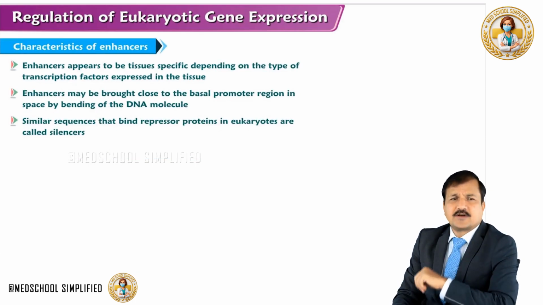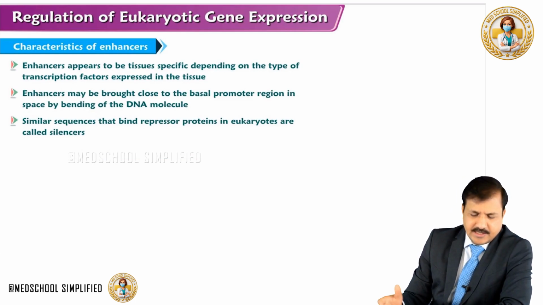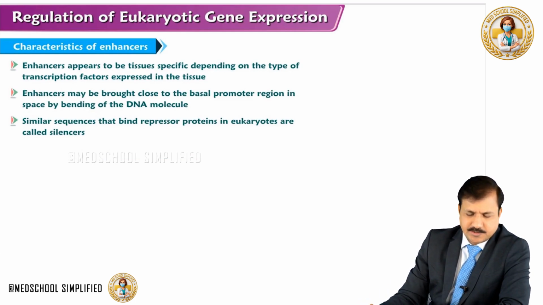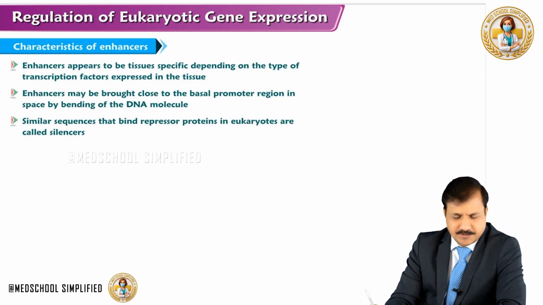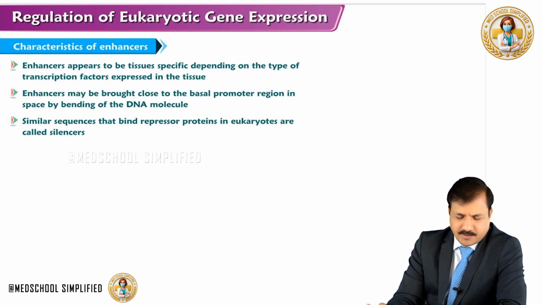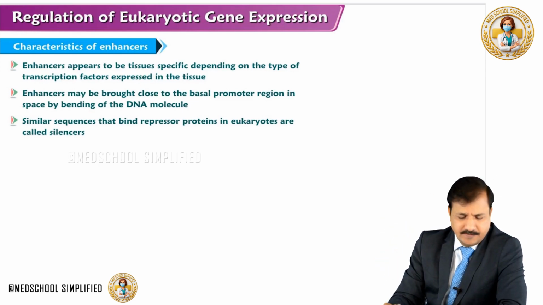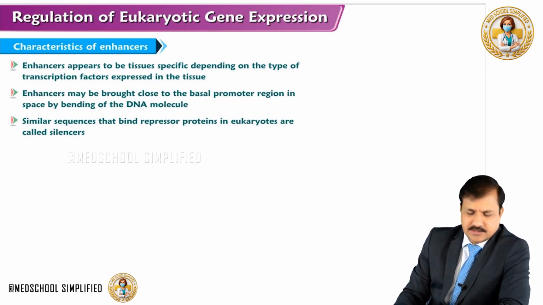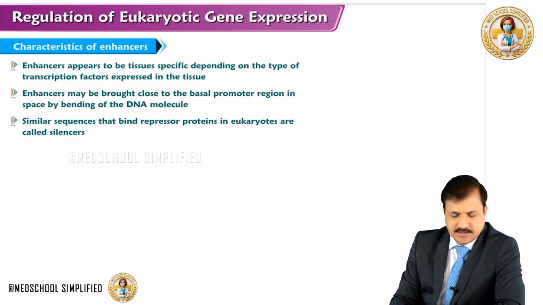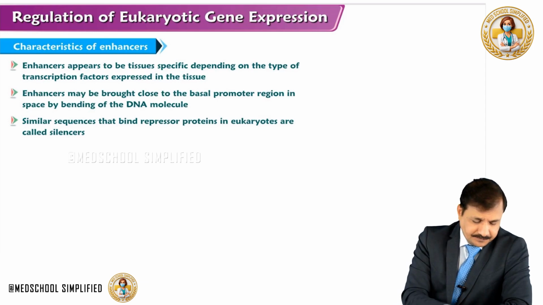So, characteristics of enhancers, as I said before: they appear to be tissue specific, depending on the type of transcription factors expressed in the tissue. Enhancers may be brought close to the basal promoter region in space by bending of the DNA molecule. And similar sequences that bind repressor proteins in eukaryotes are called silencers.